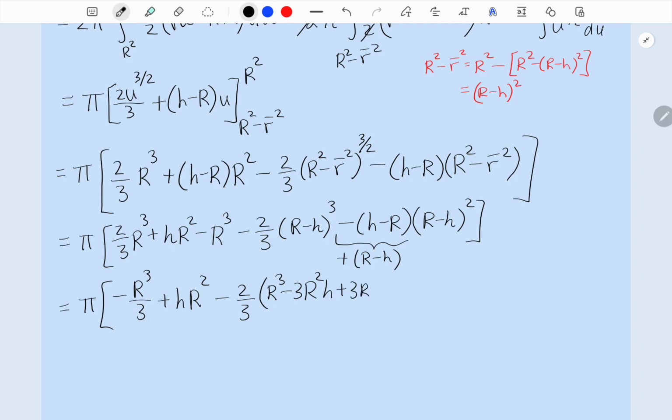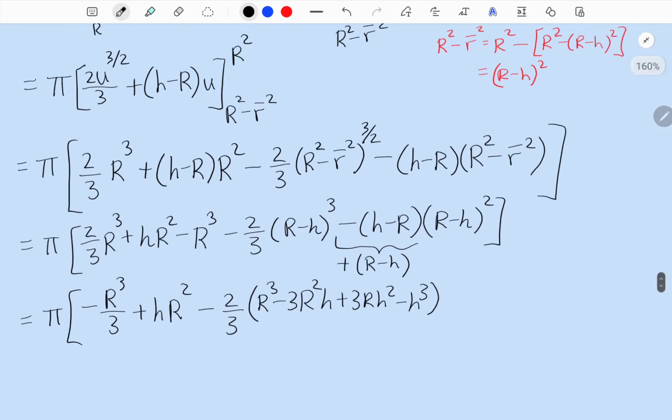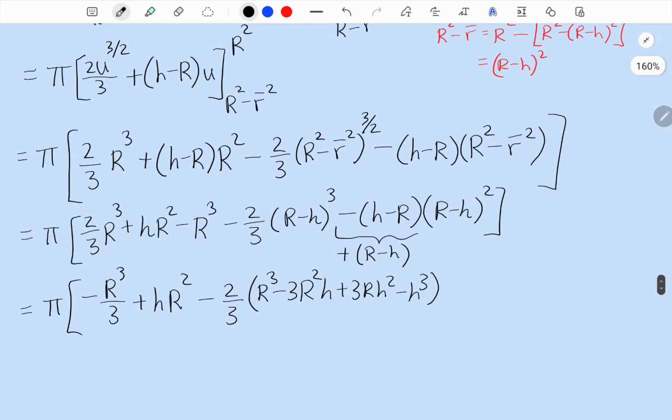Plus 3 r h squared, and then minus h cubed, okay? And then this is going to be plus, or actually, hold on. Before I even expand this, let me do this. So I still have the r minus h cubed minus, oh sorry, this becomes a plus now, plus r minus h cubed.